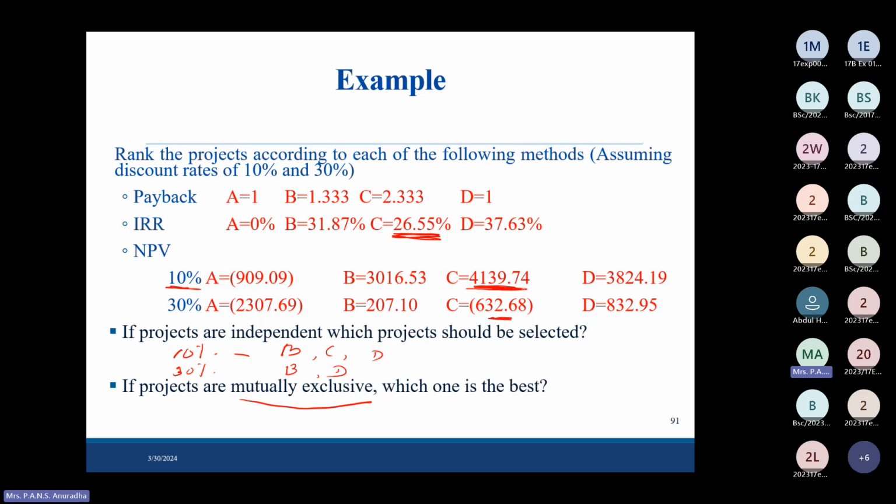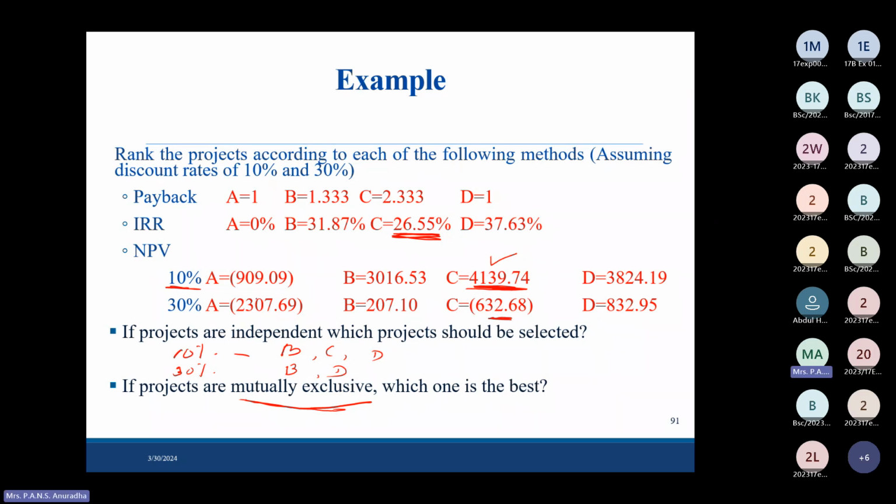You have to take the decision here based on the NPV, because there are no capital ratios and such things. So if projects are mutually exclusive, your answer should be based on the net present value. At 10% level, the project that generates the highest NPV is the one to choose.